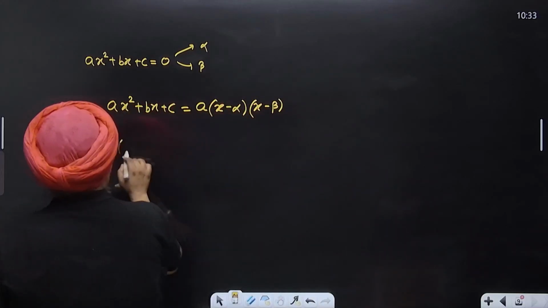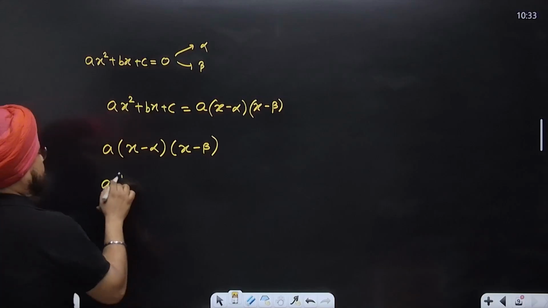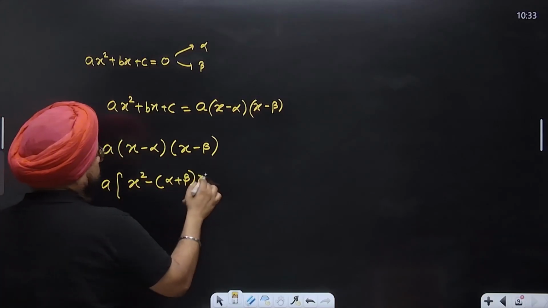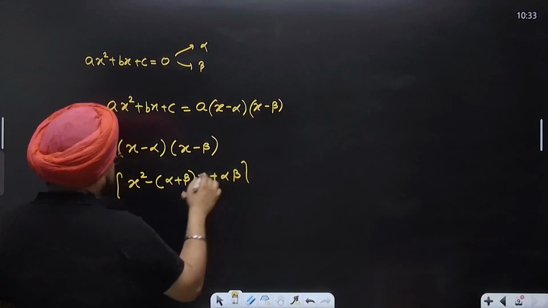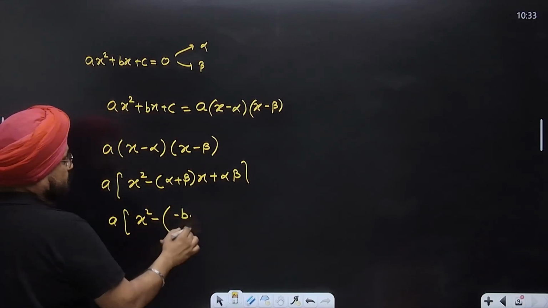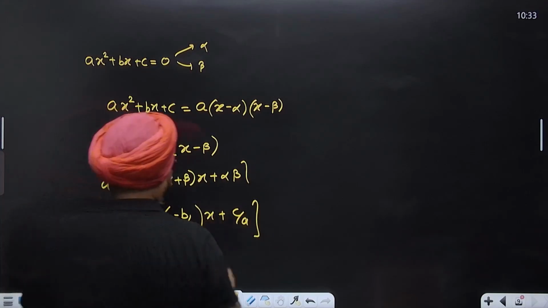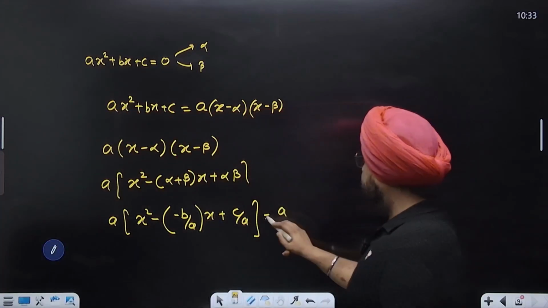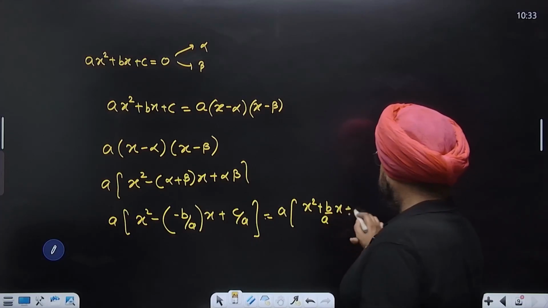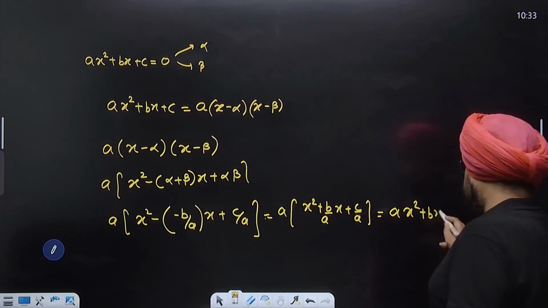You can check the right hand side. If we multiply, this is sum of roots, minus b by a, this is product of roots, c by a, so the expression will become ax square plus bx plus c.